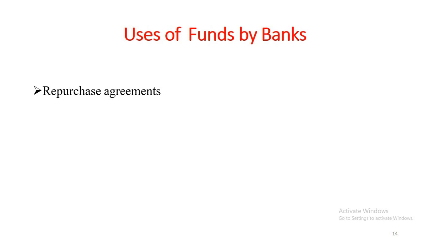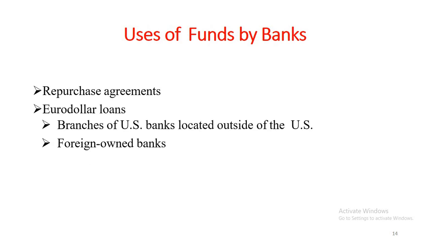With the help of repurchase agreements, banks usually receive some sort of guarantee through collateral, which is normally treasury bills. Then there are euro-dollar loans, and finally banks also invest their funds in fixed assets like office buildings and land.